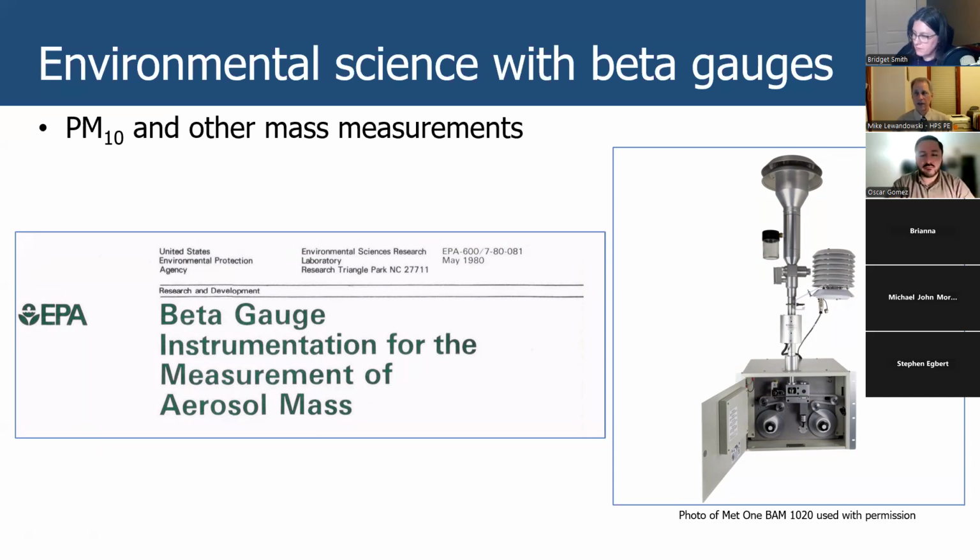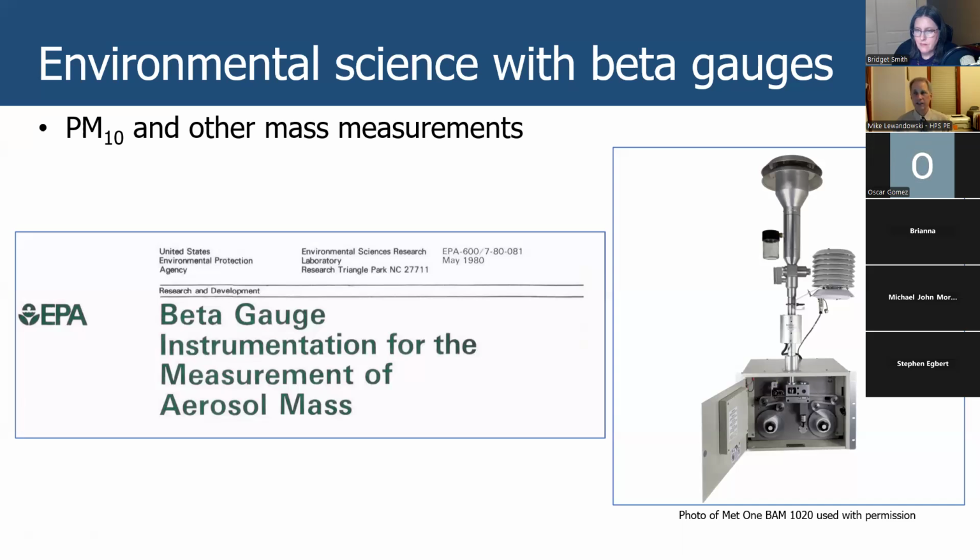In the late 1970s, early 1980s, there were papers that were published as the EPA was exploring ways to monitor and control aerosols and nuisance dusts in the air around industries, construction, and other industries.